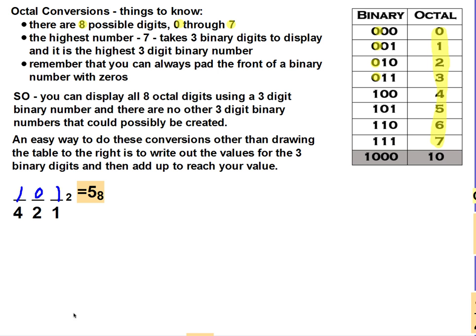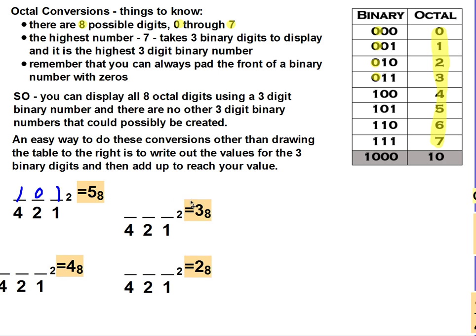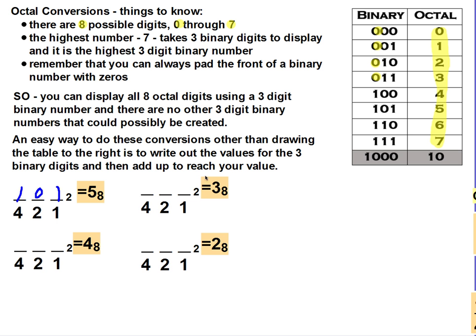And you go through that same process, and you'll see that it works for all of my values. So if I wanted 3, I would do 1 plus 2. I don't need any 4s. If I wanted 4, I would start with a 4, no 2s, no 1s. If I wanted 2, it would be no 4s, a 2, and no 1s.